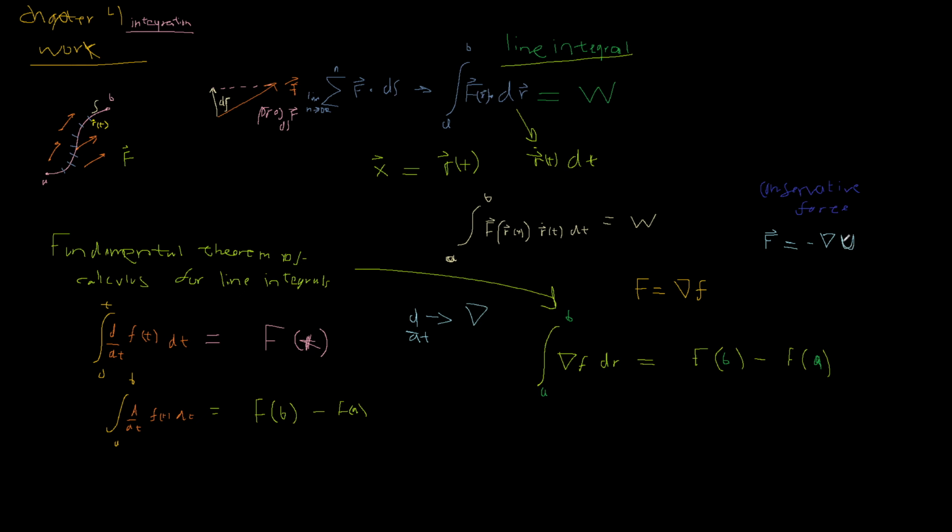This means that if F is conservative, then our work is equal to the integral from a to b of negative nabla U dot dr, which we know from this theorem is going to be equal to negative U of b minus U of a, which is U of a minus U of b.